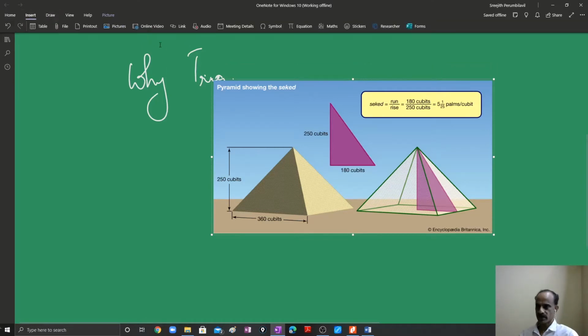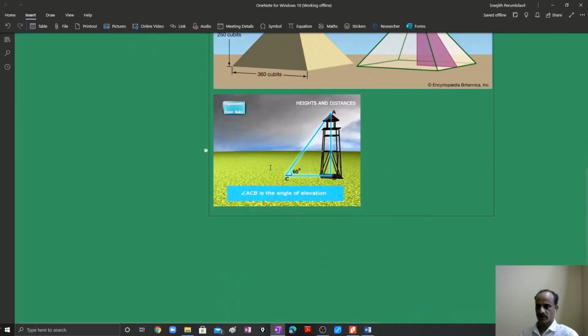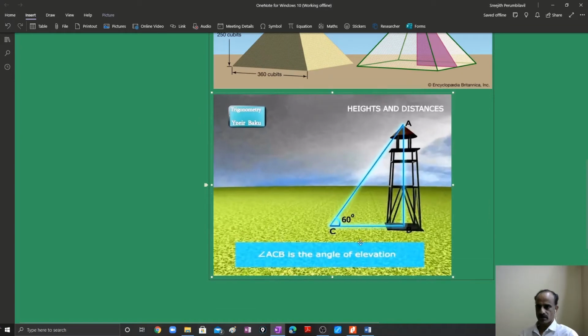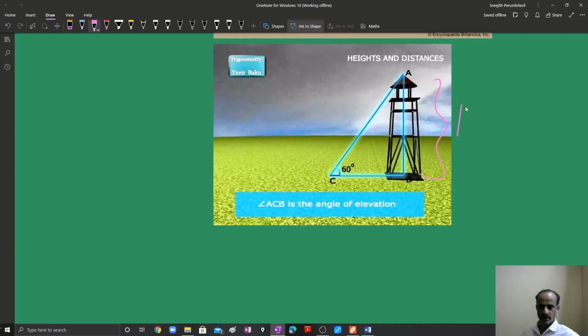Let us look at this picture. This is very important in our day-to-day life. I just put up the picture of a building there. Can you see that? It's just a building or a tower or something like that. Suppose you want to find the height of the tower, and you are positioned here.